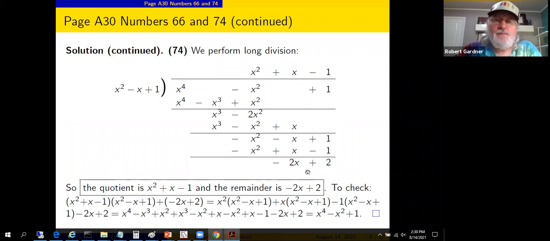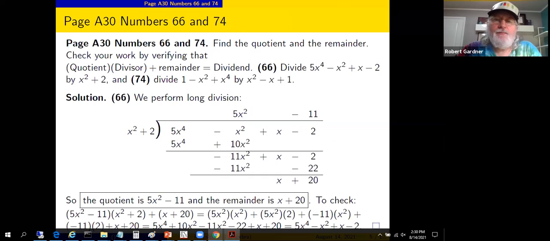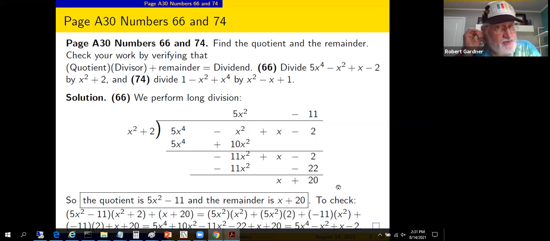In the previous one, we took a 4th-degree polynomial and divided it by a 2nd-degree polynomial. Then the remainder will be less than degree 2. In fact, it was degree 1. So that's what that comment is. And that shouldn't come as a surprise to you. If I've got a degree 2 polynomial down here, well, I can do more division.